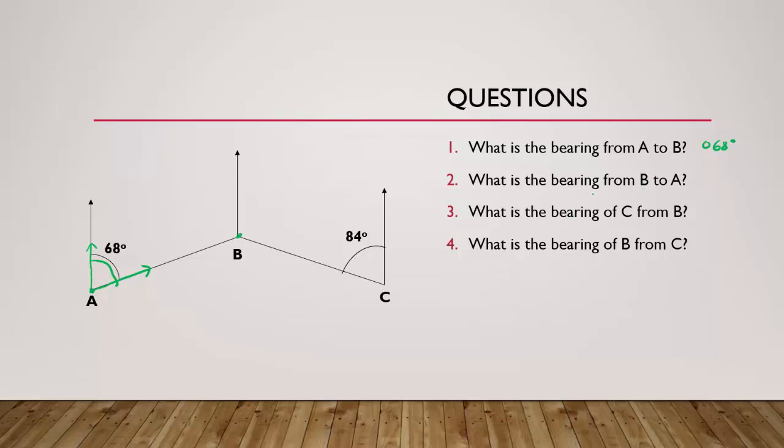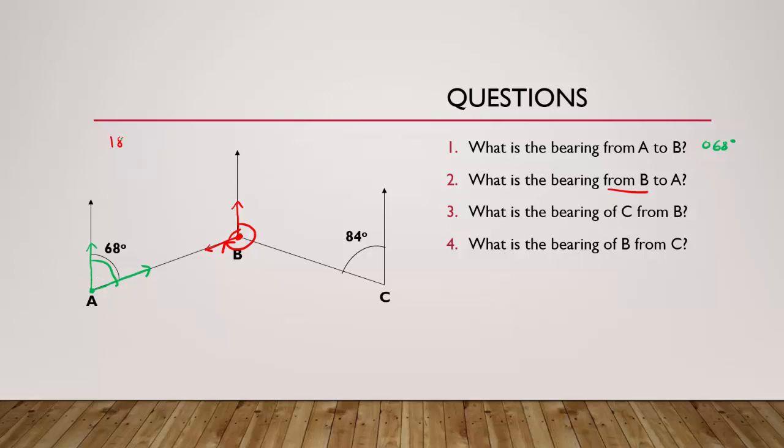The second one, what is the bearing from B to A? So I'm standing at B this time, and I want to get to A. So there's my north line at B, and I want to go to A, which is in this direction here. So the angle I'm after is this big angle here. And as you probably know by now, I prefer to work out this little angle on this side. So this and this are co-interior angles.